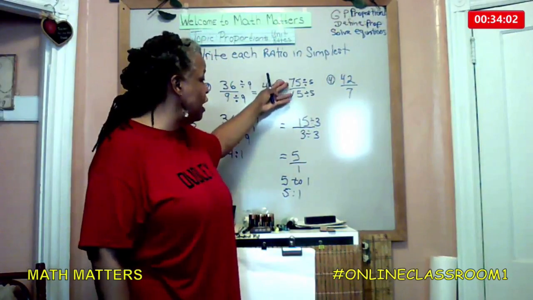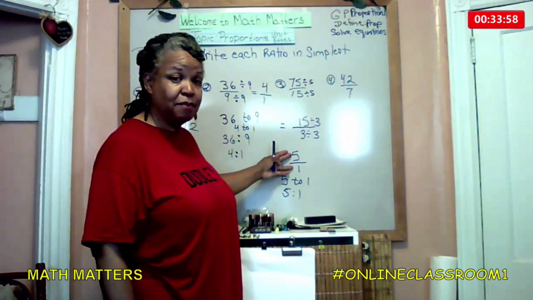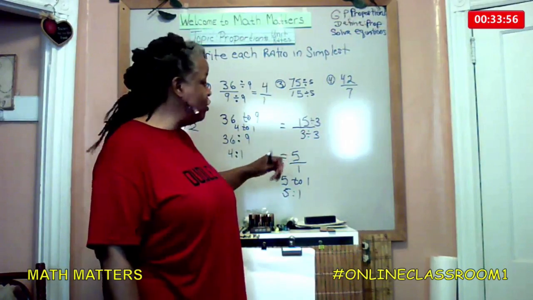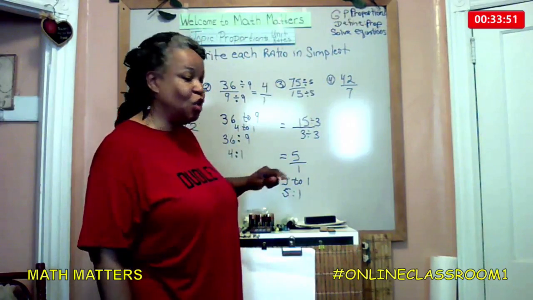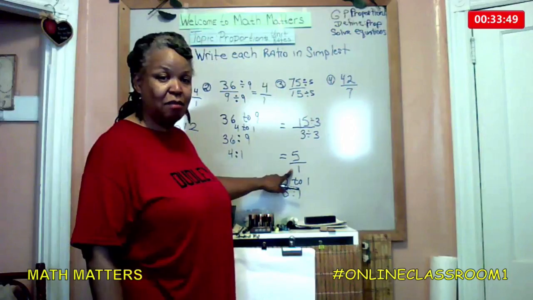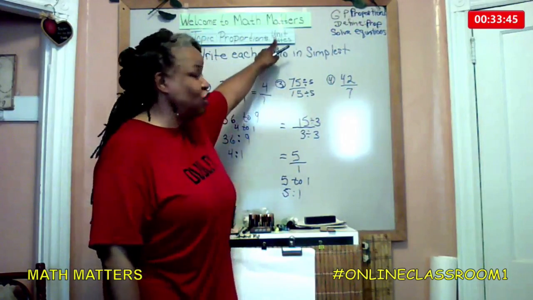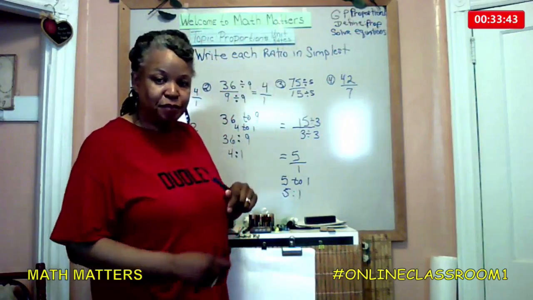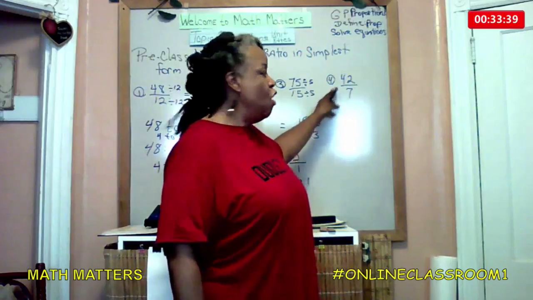They are equivalent. They just look different, but they're exactly the same. As a matter of fact, we're going to talk about those ones that appear in the denominator. It's called unit rate. We're going to talk about that shortly. All right, let's go on to number 4.